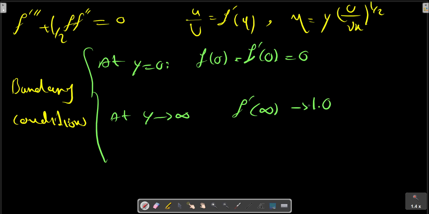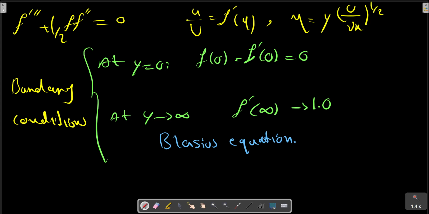This is the Blasius equation, for which accurate solutions have been obtained only by numerical integration.